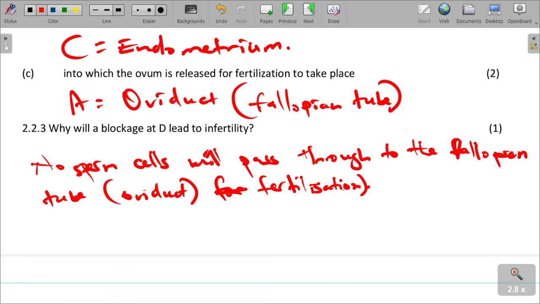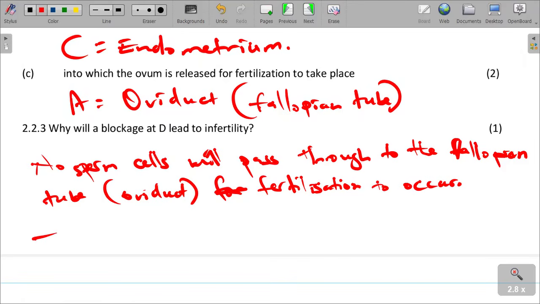So how would blockage of the passage lead to infertility?